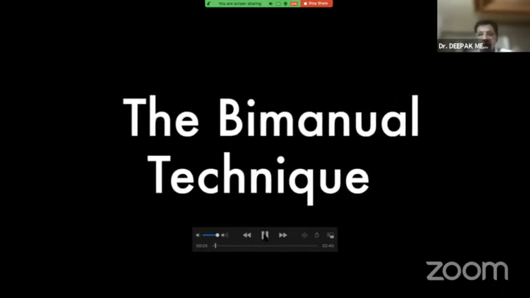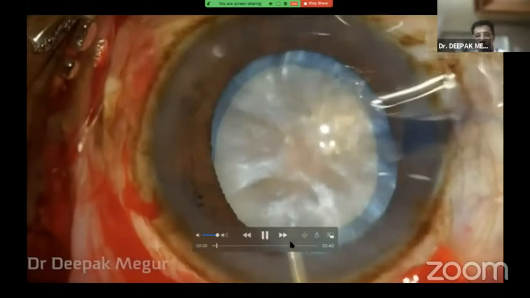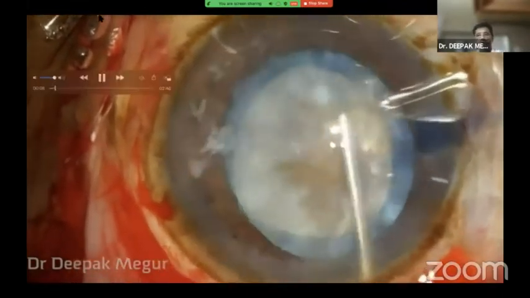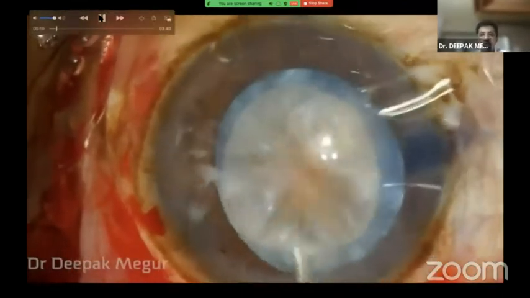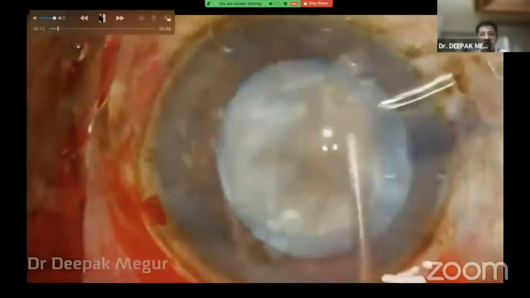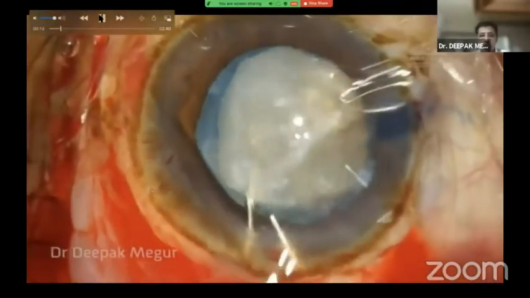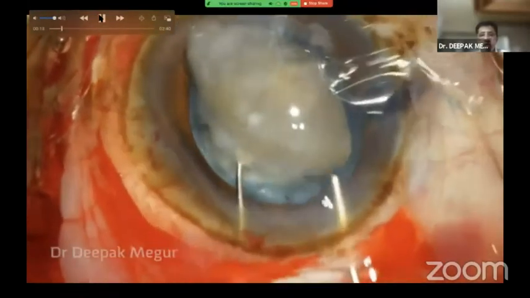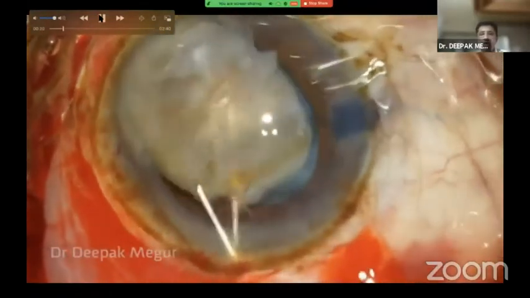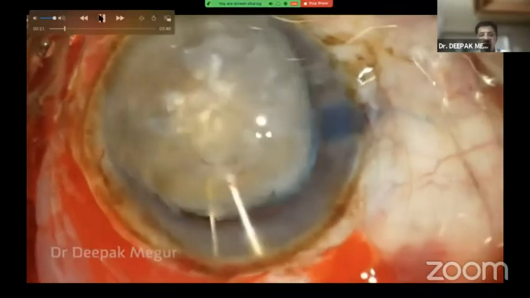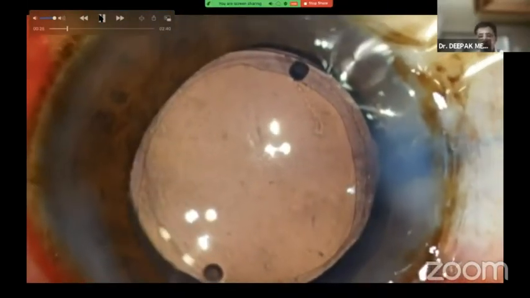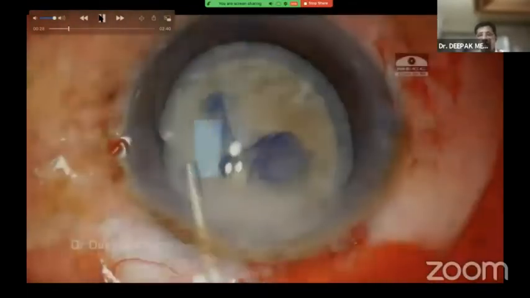I think the trick here is to master the bimanual technique of nucleus prolapse. So what I'm trying to do here is just demonstrate this. Of course, after doing hydrodissection, you're using 2 Sinskey hooks just to push the nucleus down and maneuver it out. It's called the wheeling technique, wherein you ensure that even in spite of a smaller Rexis, the nucleus can still be managed out.